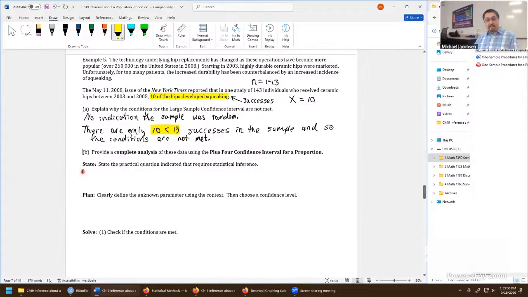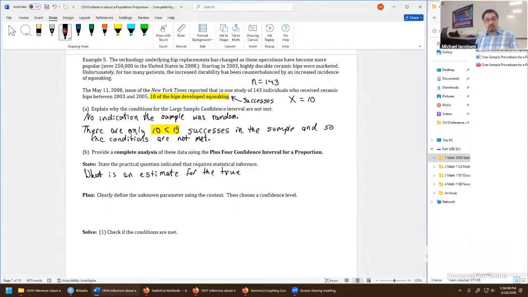First thing we want to do, just to kind of orient ourselves to see if we really understand the context, is state what the practical question is that requires some inferential procedure. There's no question mark whatsoever in this kind of problem, but that's okay. This is an estimation problem, so the practical question would be, what is an estimate for the true, you could say proportion or percentage.